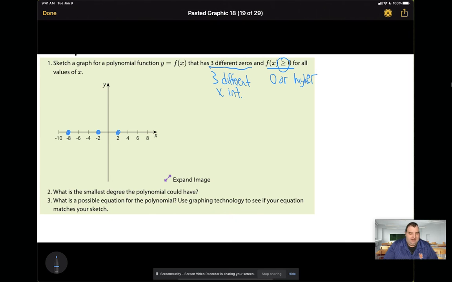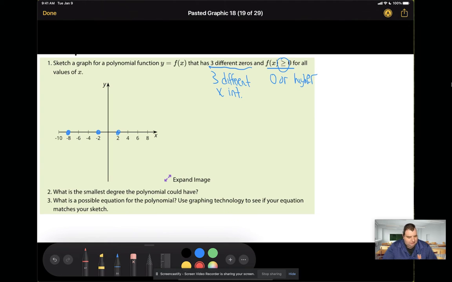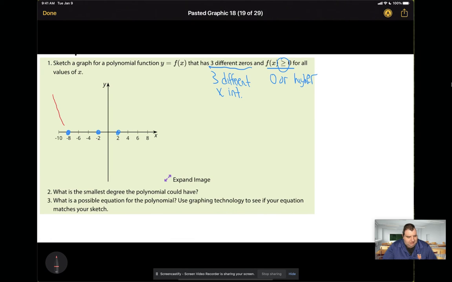So the only way that can happen is if the graph does something like this, and I'm going to use a different color. So I know it's going to intersect the x-axis here, but it's not going to go below the x-axis because it's got to stay 0 or higher, which means it's going to go back up, and then eventually it comes back down and intersects a second time. But again, it's not going to go below, so it's got to come back up and then eventually come back down.